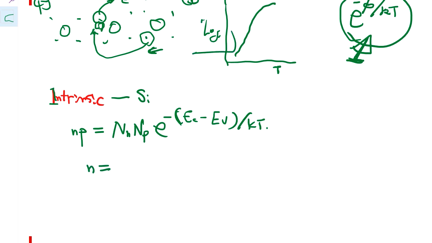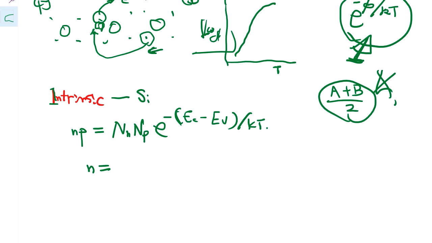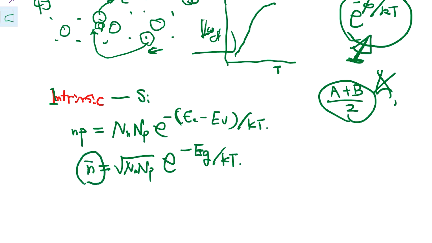Because of the log scale. You don't do A plus B over 2, this kind of average, for a log scale. For a log scale, you have to do multiplication, a geometric average. So this is going to be N times P, e to the minus energy gap over kT. And this average N is going to determine conductivity.